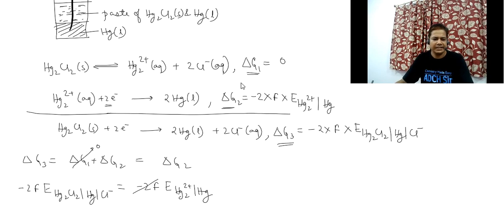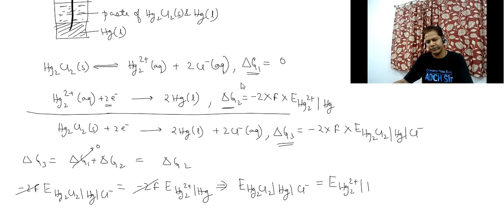Okay, we'll cancel out minus 2F on both sides. So effectively what do we get? E of Hg2Cl2 to Hg and Cl minus is equal to E of Hg2 2 plus to Hg. Now we can apply the Nernst equation to find out E of Hg2 2 plus to Hg. Let us apply the Nernst equation and solve it.